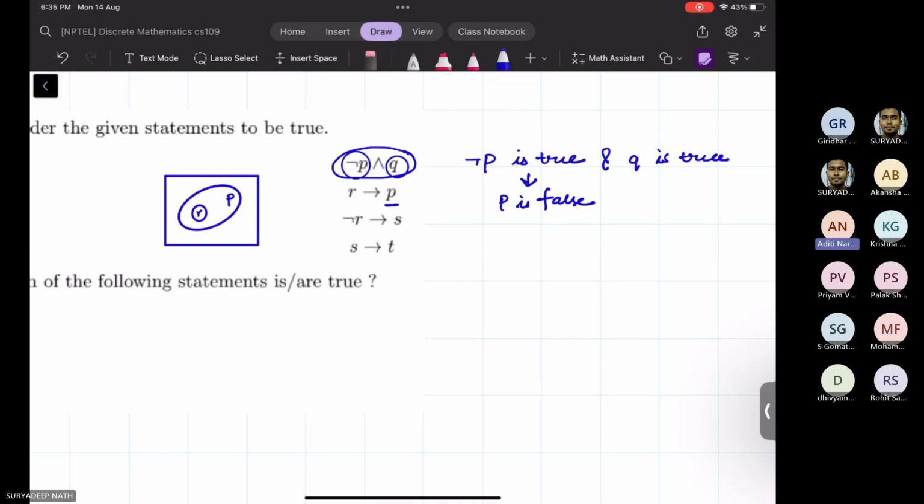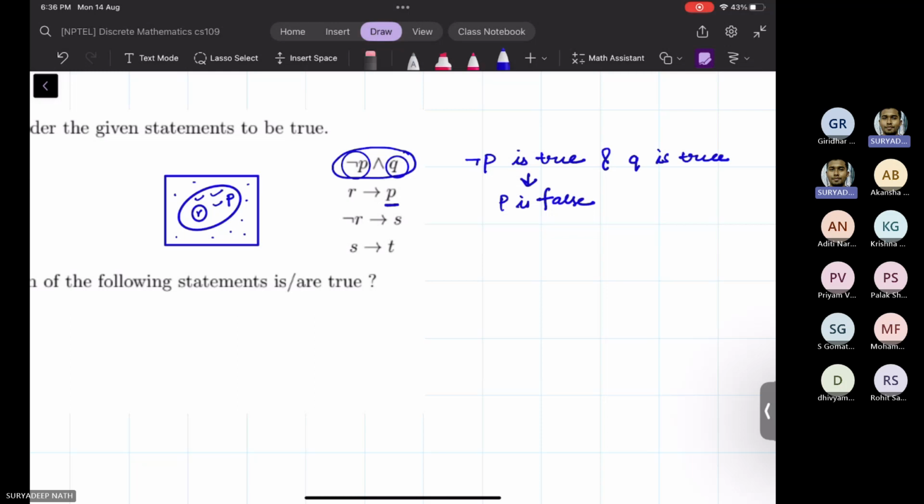R must be true. Now I am saying that P is false. See, if R is true, P is definitely true. But if P is false, you are outside this set, in this dotted region. True is when you are inside the set and the dotted region is outside the set.